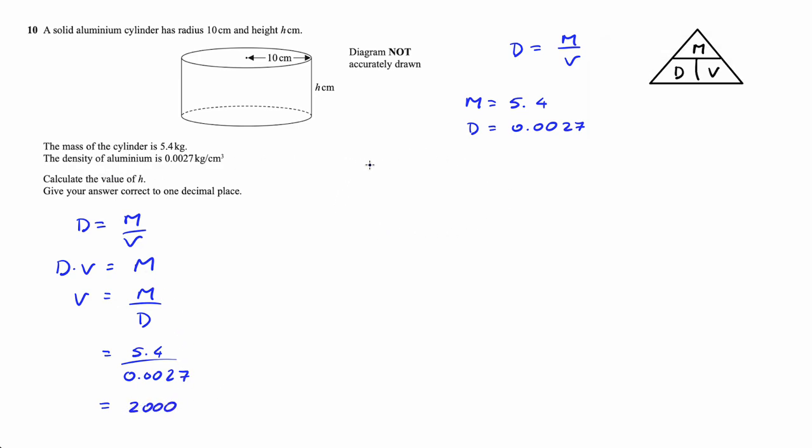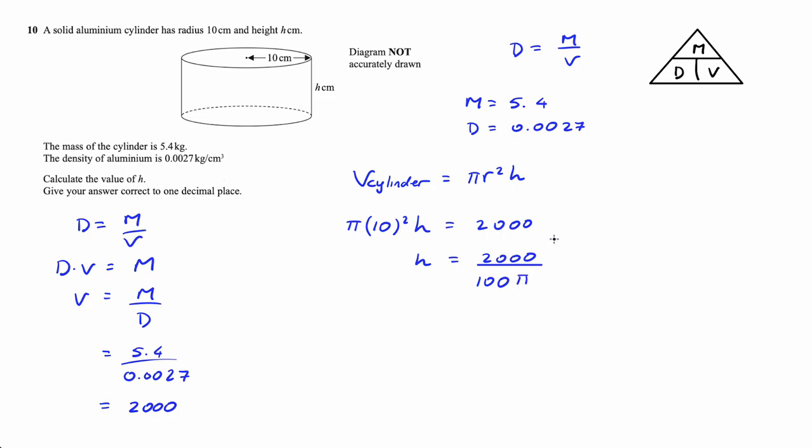Then I know the volume of a cylinder. This is also in the formula sheet, but it's pi r squared h. So pi times the radius squared, 10 squared, times h, which I don't know, is equal to 2,000. H is equal to 2,000 divided by all this. 10 squared is 100, so that's 100 pi.